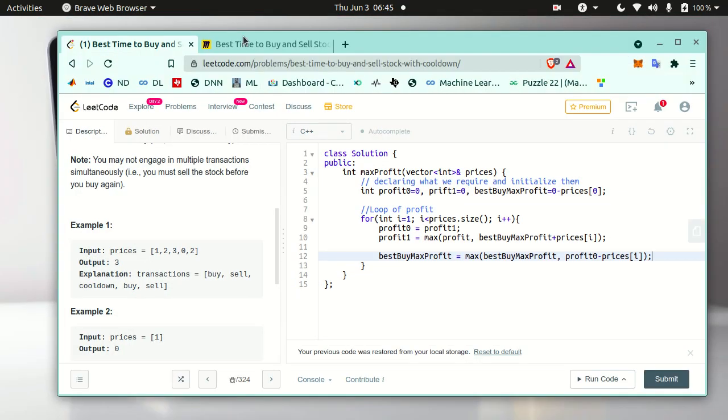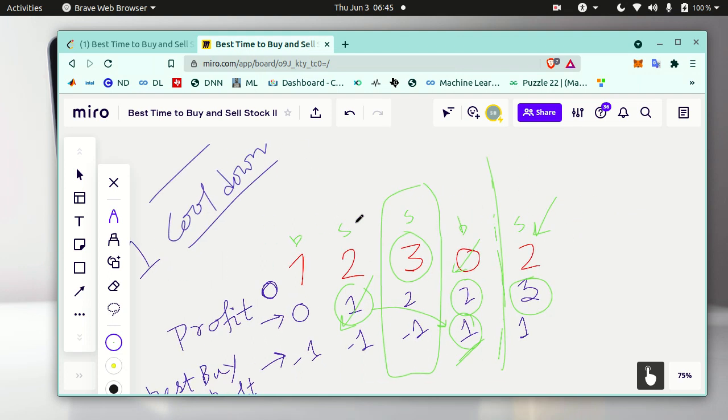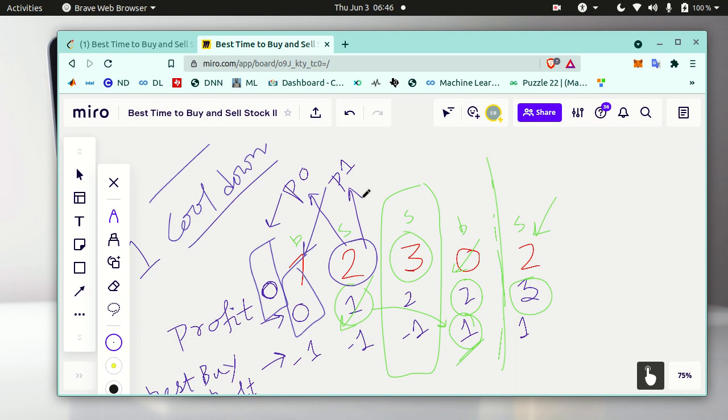So what we are doing is actually storing the previous value of profit in profit 0 and the current value of profit in profit 1. So that when you reach here you need to access this profit 0 also, as well as profit 1, because you need to compare the current value of profit with profit 1 to get a new value for profit 1.